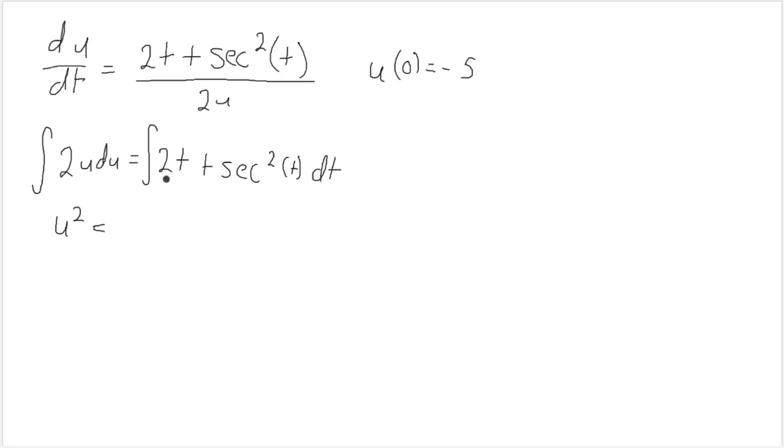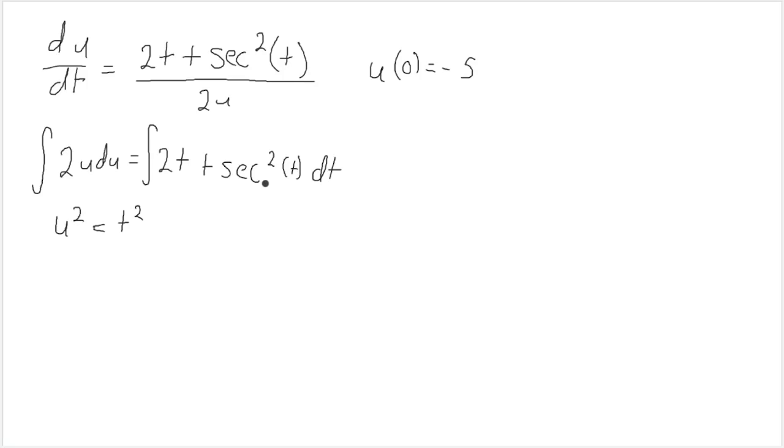Likewise here, since this has a 2 out the front as well, I can say this is going to be t squared. And if you're ever in doubt, just look at an integral table, or sometimes you can find a calculator that has integrals on it if you're lucky enough.